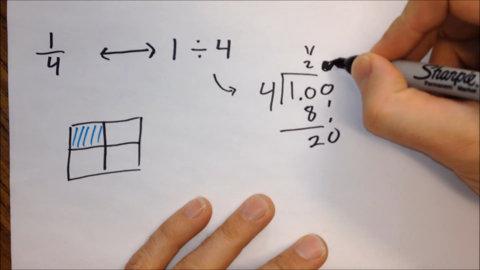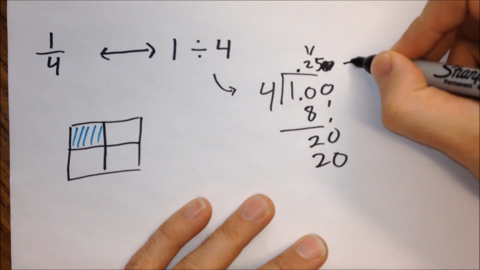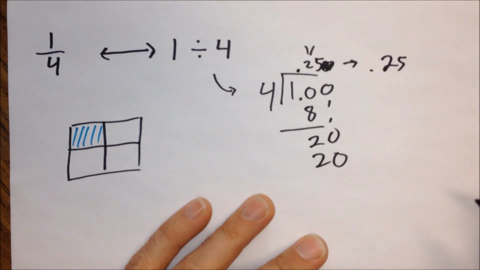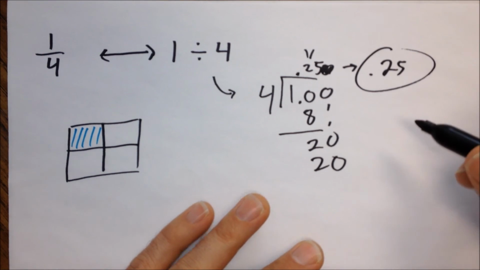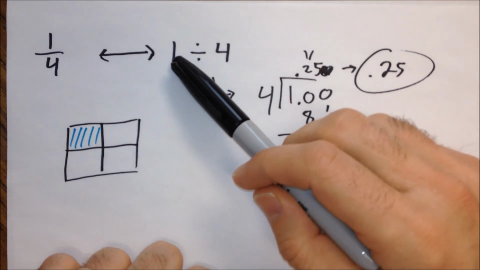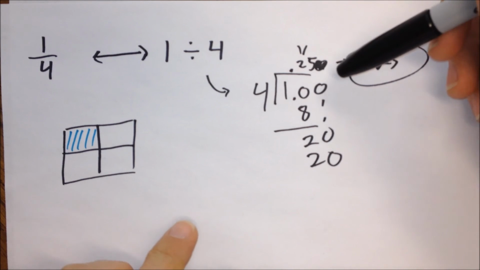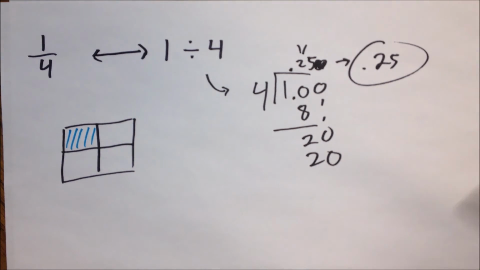Then we need a 5. 5 times 4 is 20. I forgot my decimal, and so our answer is 0.25. And so you see that 1/4 is the same as 0.25. And we do that by just doing the division, taking the 1 on the inside and the 4 on the outside, and doing our long division. And then if you don't make a mistake, like I did, you get the correct answer.